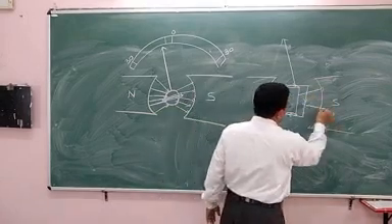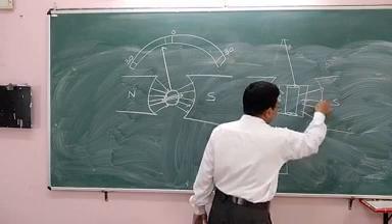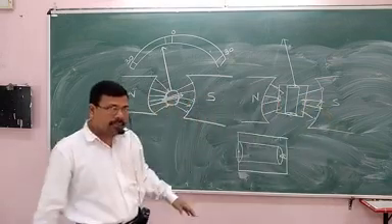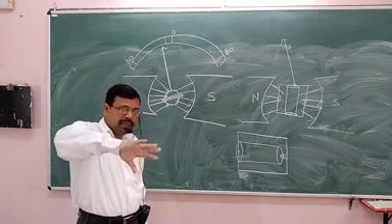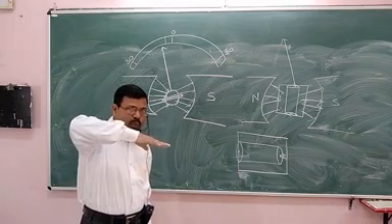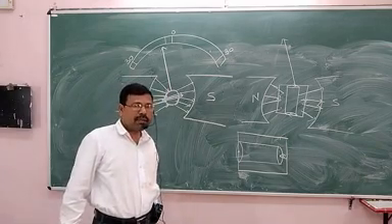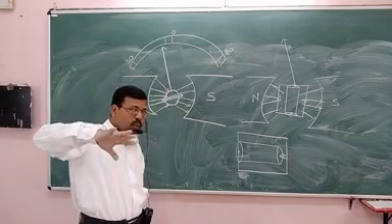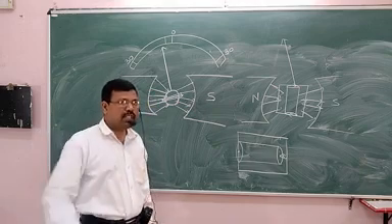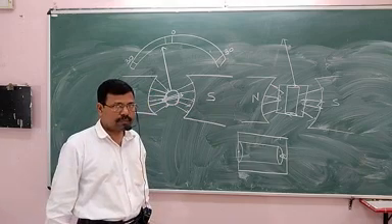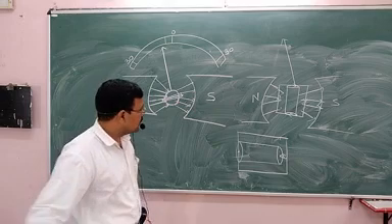Here is a radial magnetic field, and this radial magnetic field always keeps the plane of the coil parallel to the magnetic field, and the coil always experiences maximum torque.